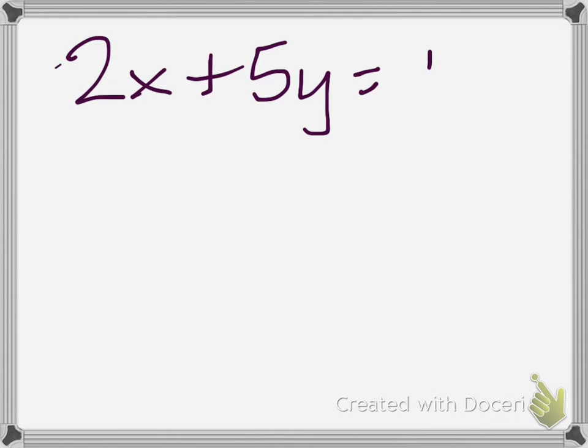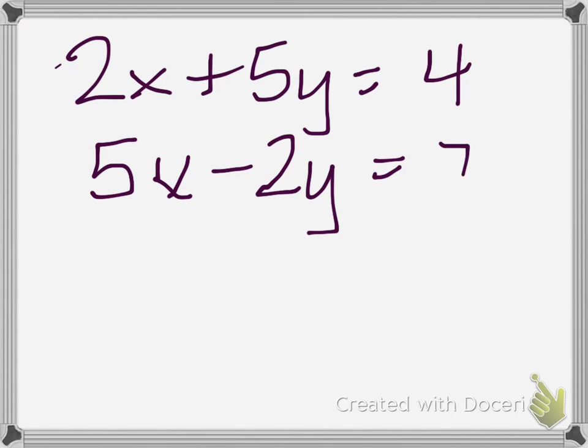So what happens if they give us something that looks like this? This one is not as fun. This one is called standard form. It's not as easy. Here's what happens: now you have to put this in slope-intercept form. So in each equation, you need to solve for y.